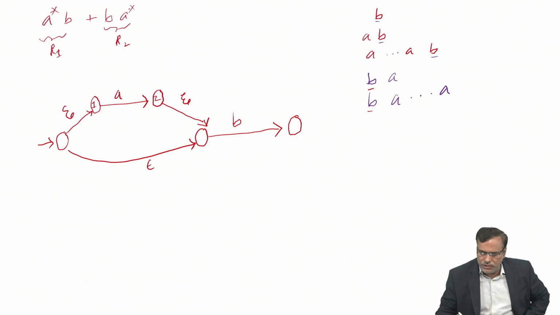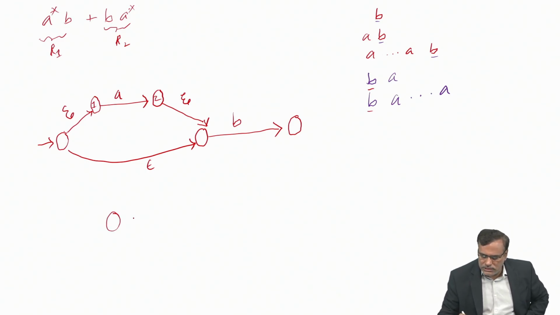In a similar fashion, you have to design the R2 part, that is B A star. First you can design A star, and then that can be concatenated with B on the left side. That order is also very important. This B is to the left of this A star. First I can design A star.